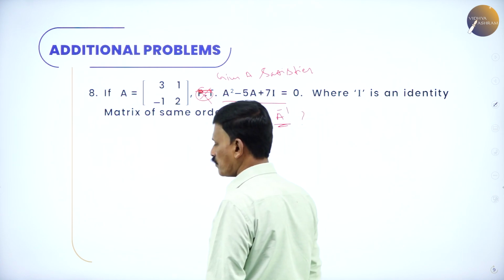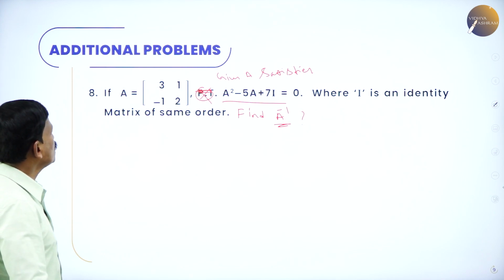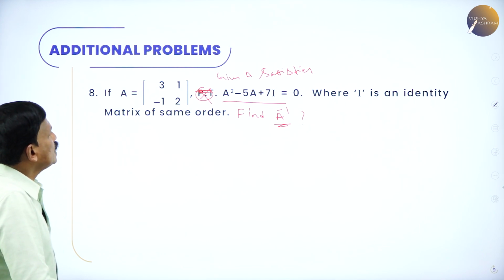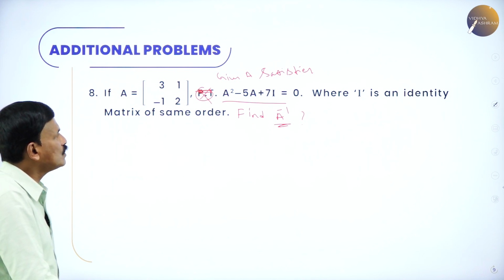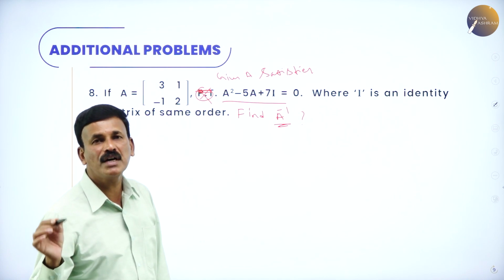Actually, we did this type of problems in the previous class. So here, if A is equal to [3, 1; -1, 2], given that A satisfies the equation A square minus 5A plus 7I is equal to 0, where I is an identity matrix of same order, then find A inverse.